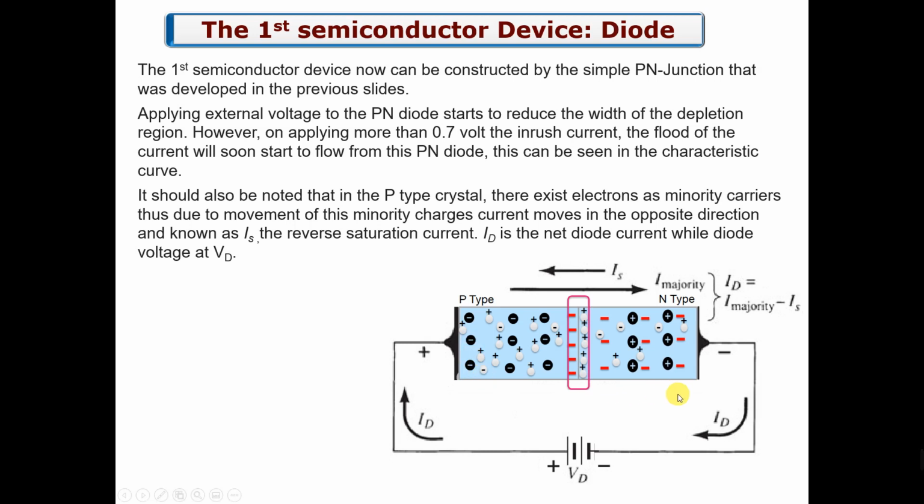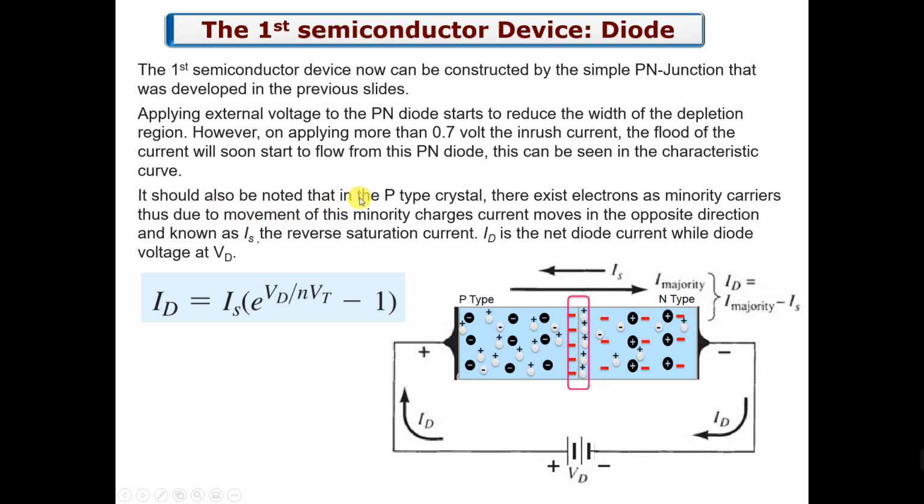These will also move, but in the opposite direction, from plus to minus. So the majority current was from left to right, but the current due to the minority charges is in the opposite direction, and much smaller. That is why I have shown it with a different direction. The net diode current will be I majority minus IS.